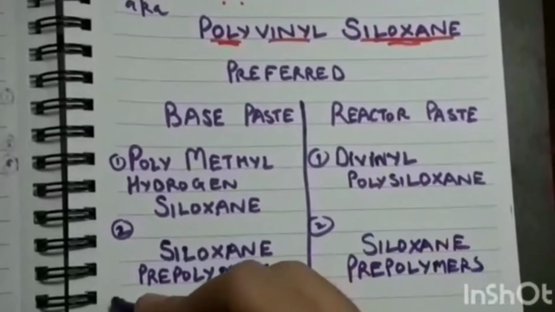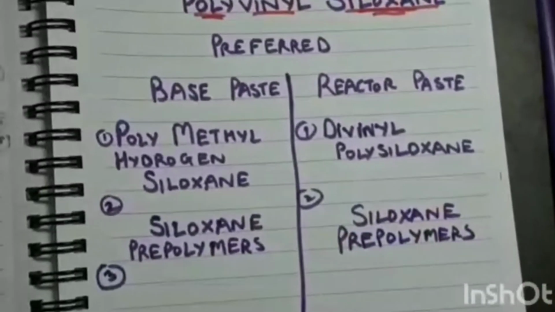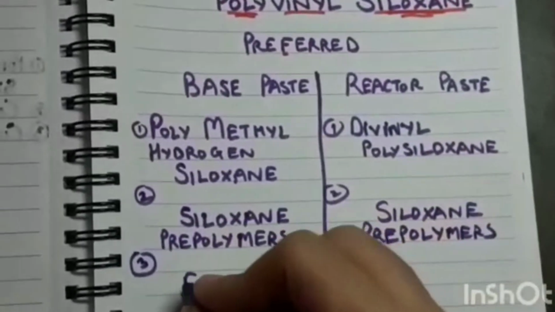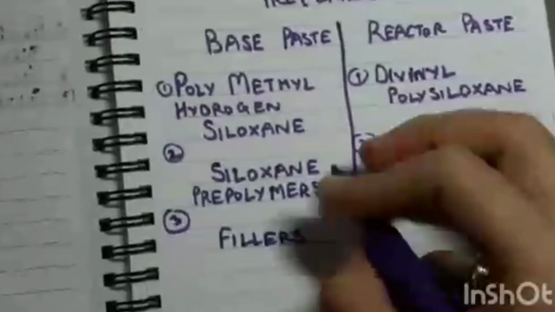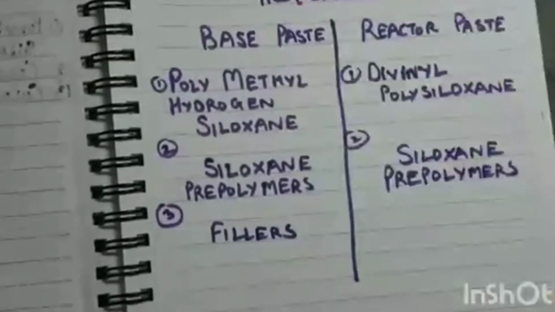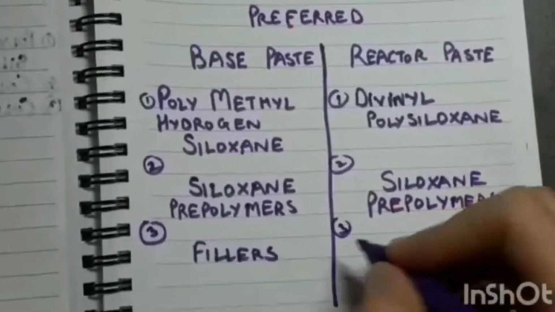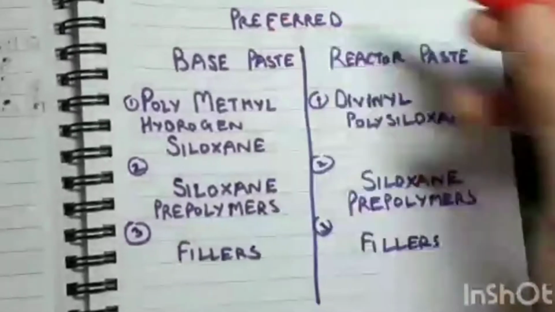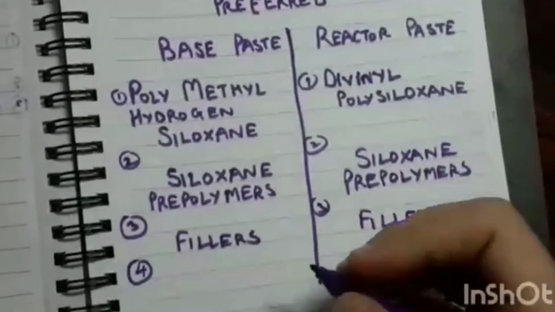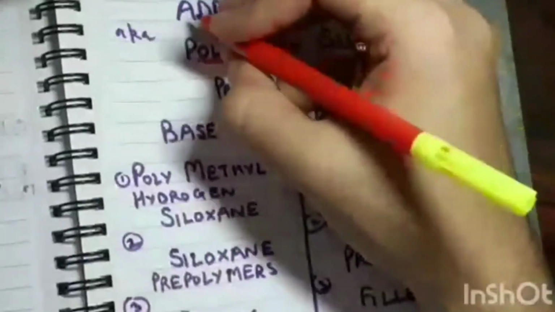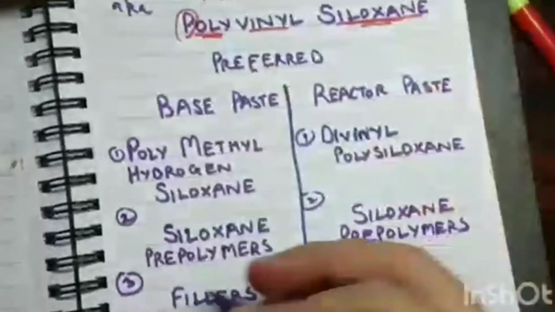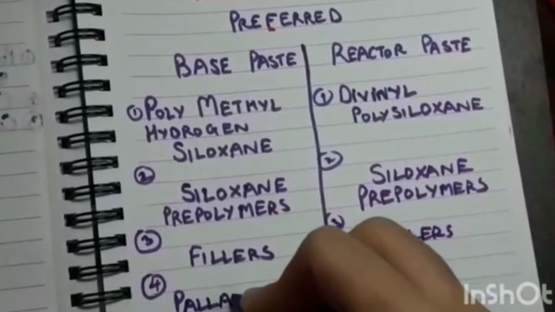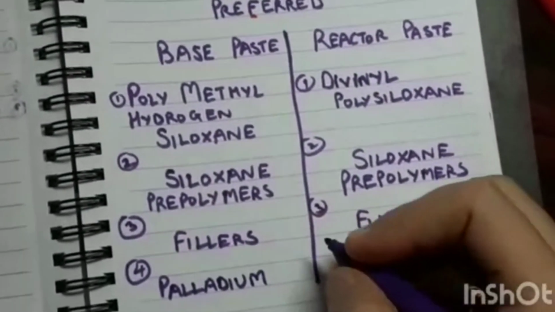Now third ingredient in base paste is, we'll take the letter F from the word preferred, and we'll write as fillers. Fillers like amorphous silica, fluorocarbons. Third ingredient in reactor paste is also the same thing, that is fillers. So now fourth ingredient in base paste is, we'll take the letter P, which stands for palladium, which is a hydrogen absorber.